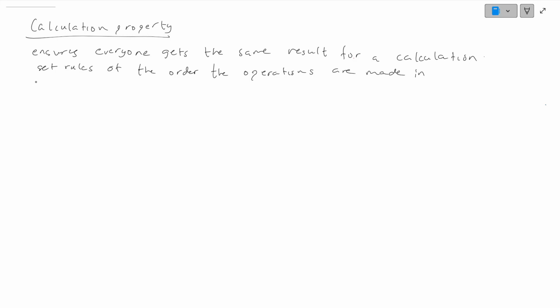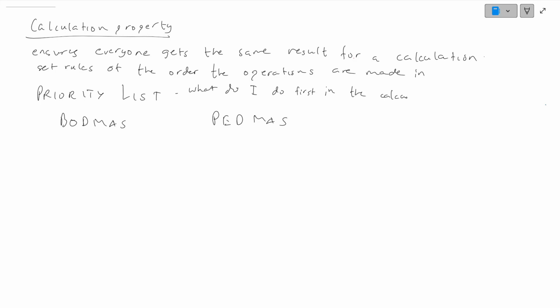So basically the priority list of the operations. So we're going to look at the priority list under both BODMAS and PEDMAS, because they mean the same thing. When I say priority list, this just tells me what do I do first in the calculation, using the acronym BODMAS and the acronym PEDMAS.